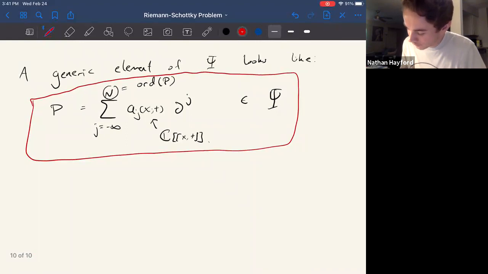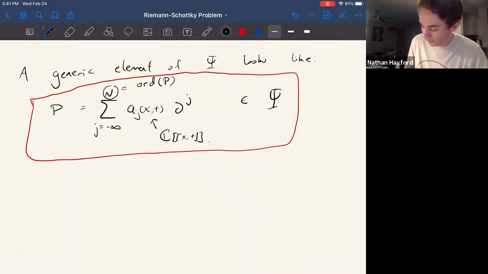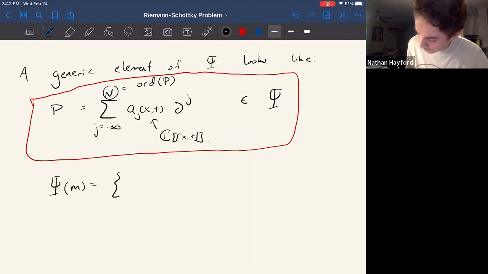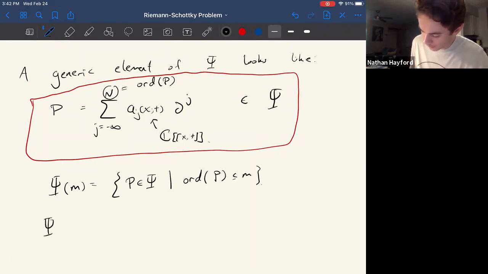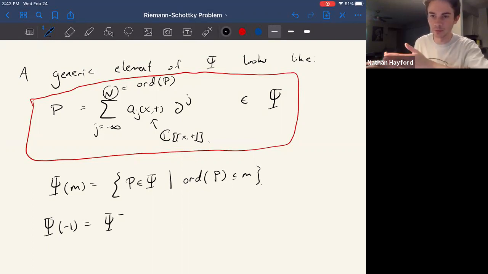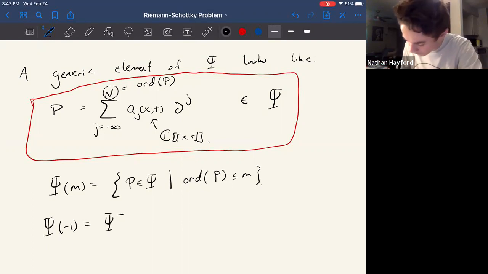So of course there's a natural grading to this space, and I call Psi_m the set of pseudo-differential operators P in Psi whose order is less than m. And in particular, I distinguish Psi_{-1}. I call it Psi_minus. Now I'm following the notation from Shiota's paper, just to keep in line with what we're going for.